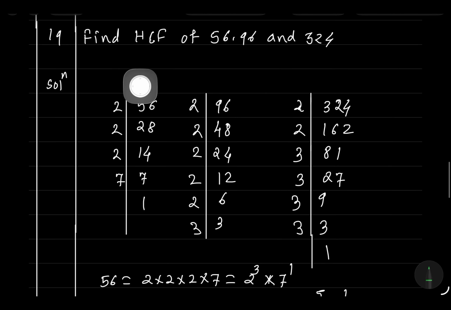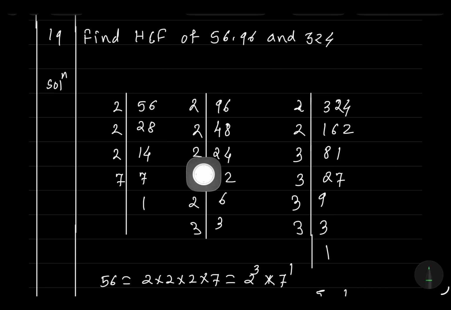Okay, then question 19: find the HCF of 56, 96 and 324. So very easy, the prime factorization method. 56 divided by 2, you will get 28, again dividing by 2, then 14, again divided by 2, then 7. Like this, prime factorization. 96 also, by dividing by 2 you will get 48, then 48 divided by 2 you will get 24.